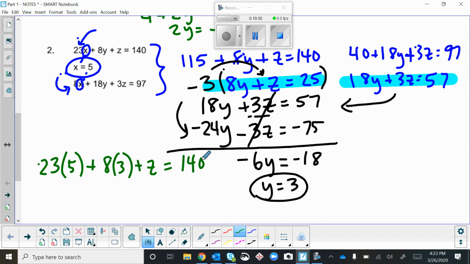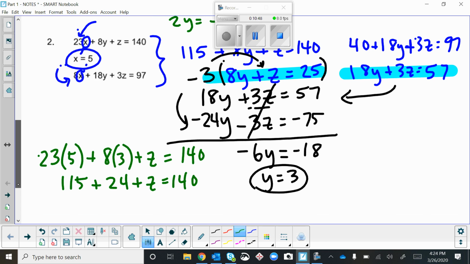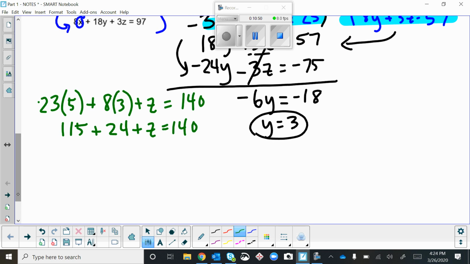We already did the math earlier on 23 times 5, that's 115. 8 times 3 is 24. 115 plus 24 is 139. Subtract 139, z is 1.